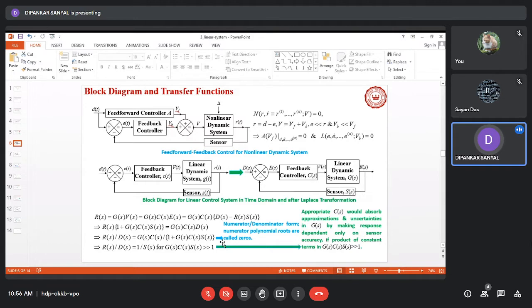It is obtained in this form, and in the limit where the constant term in the product of G(s), C(s) and S(s) is much greater than 1, then basically the response would depend only on the sensor accuracy, and any uncertainties in the expression of the system dynamics would be absorbed.